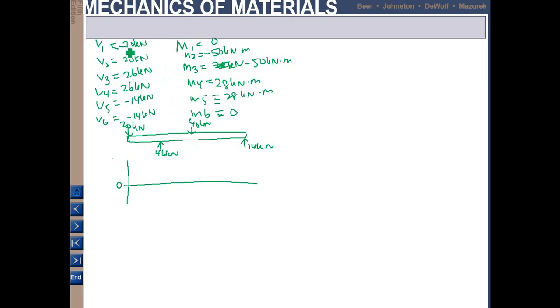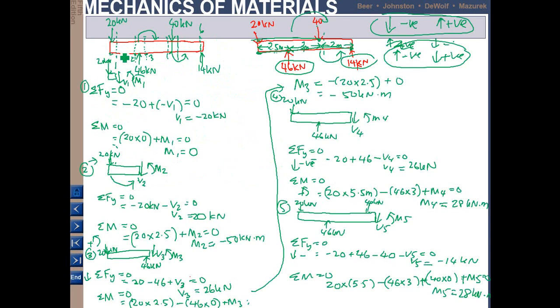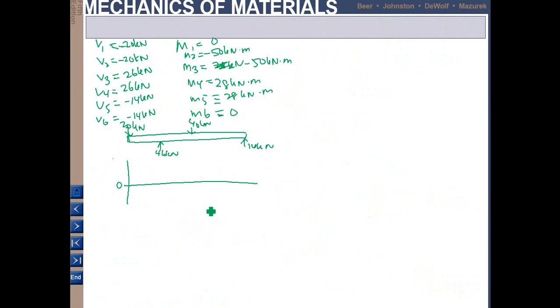I made a mistake here, and then V2 is also actually minus 20 because we calculated here. So you see V1 is actually minus 20, and V2 also is equal to minus 20. So minus 20 kilonewton minus V2, and then minus V2 is equal to 20 kilonewton. So V2 is actually minus 20 kilonewton.